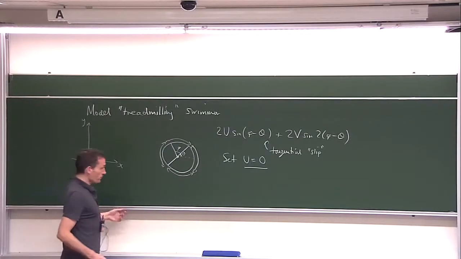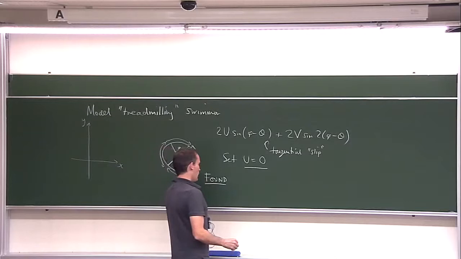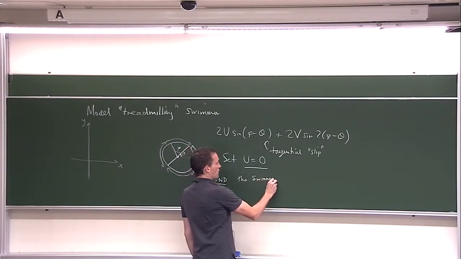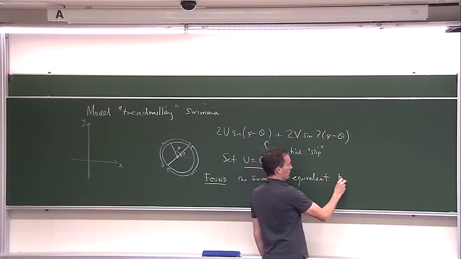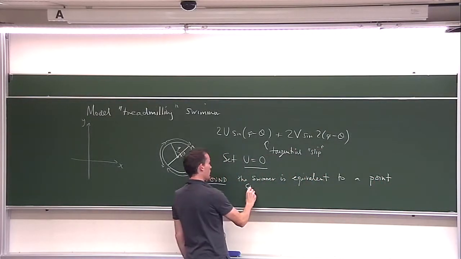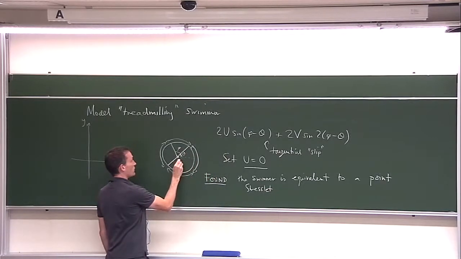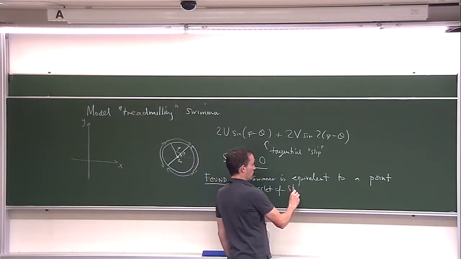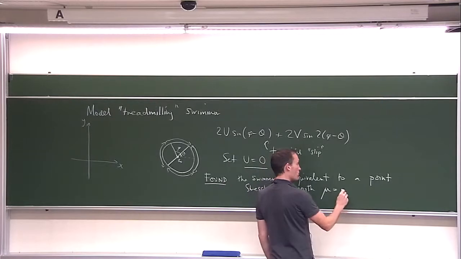And what we found is that the swimmer is equivalent to a point stresslet. Let's call this center Z naught, of strength mu equals e to the i theta at Z naught.